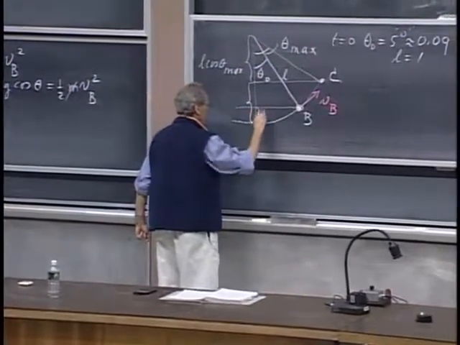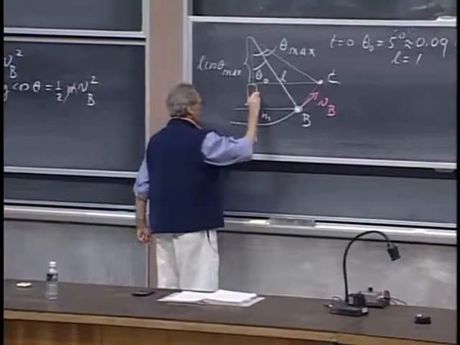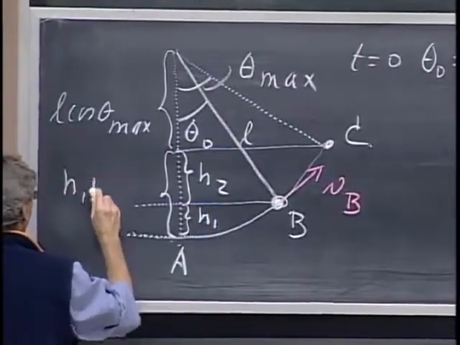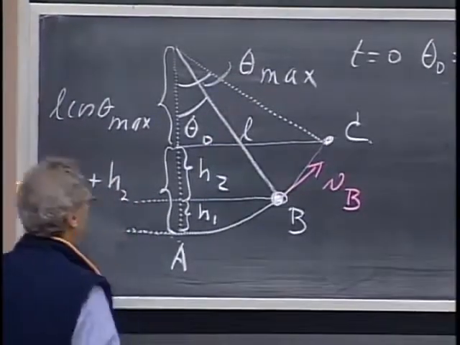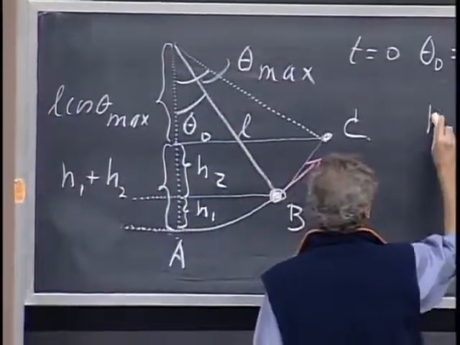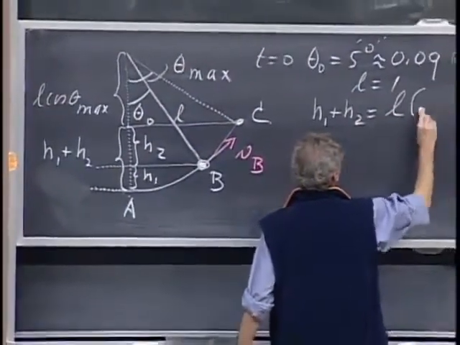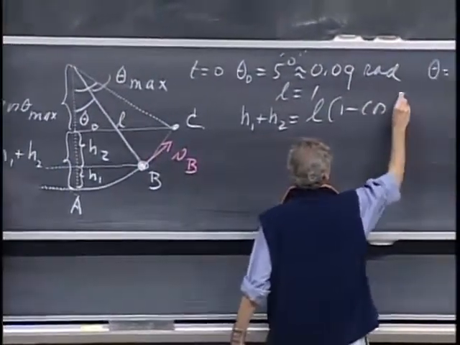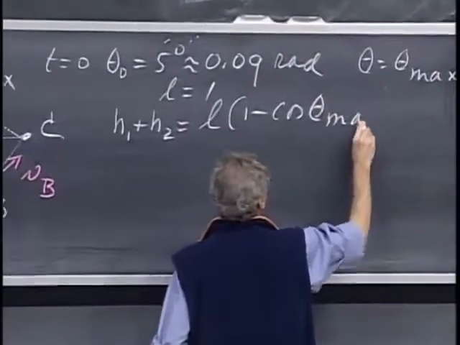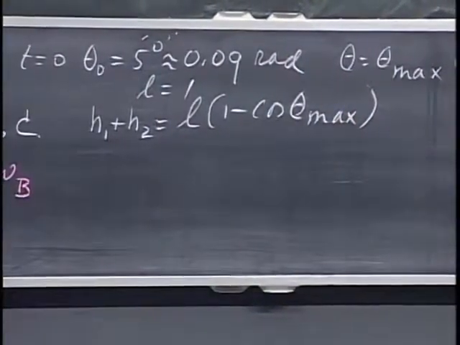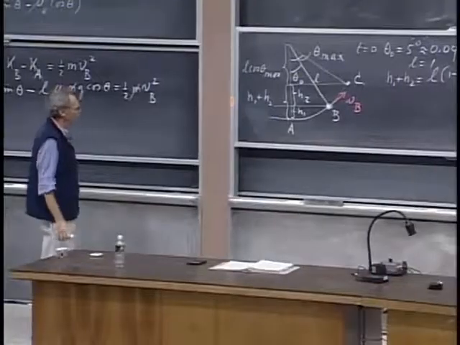This one, which I call h1, and this one, which I call h2. And so the one that we really want to know is what is h1 plus h2. Because h1 plus h2 will be L times 1 minus the cosine of theta max. And so the moment we have h1 plus h2, we immediately have the maximum angle.